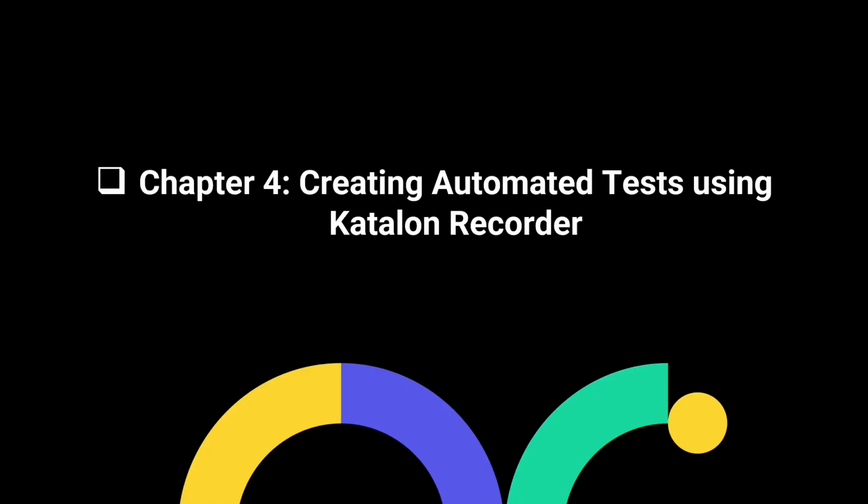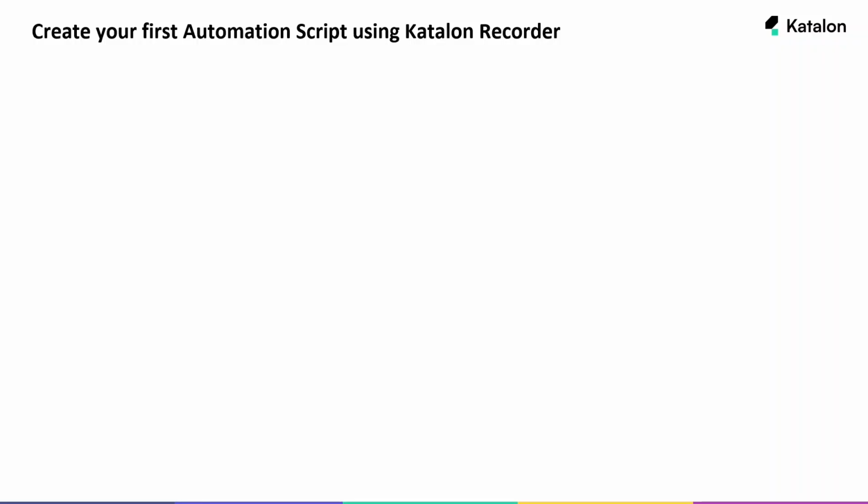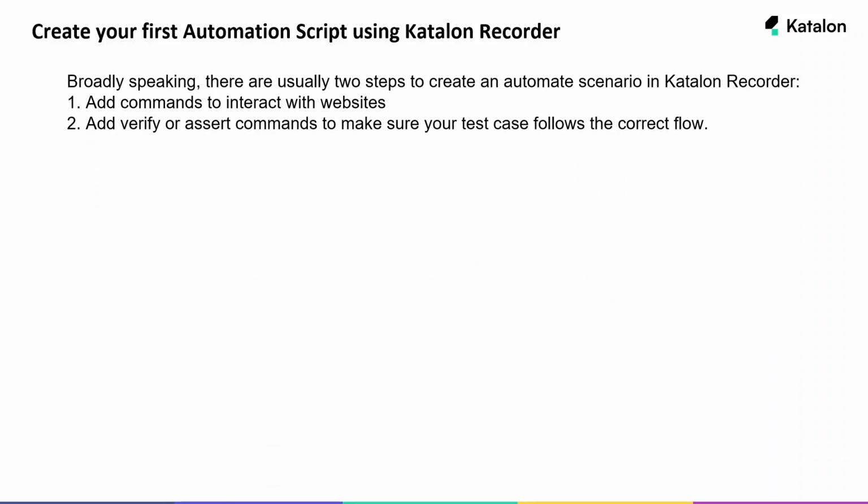This is chapter 4, creating automated tests using Katalon Recorder. As part of section 1 in chapter 4, you will learn how can we create your first automation script using Katalon Recorder. To create your first automation script using Katalon Recorder, you need to perform the following two broadly categorized activities.